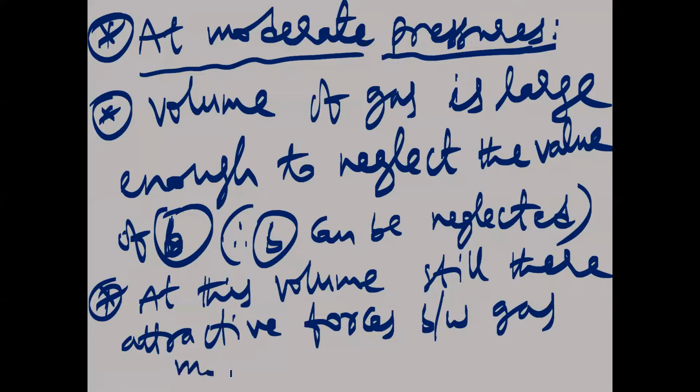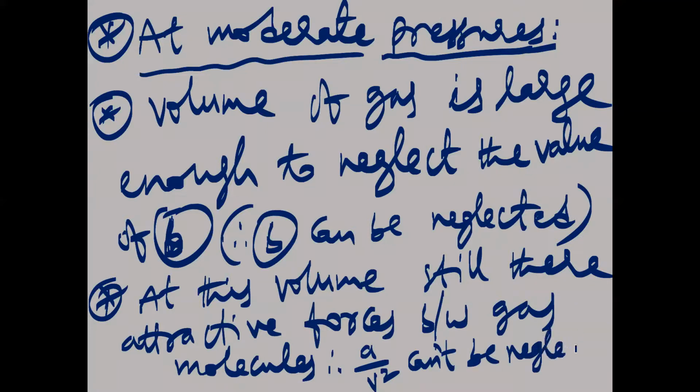Therefore, A by V square cannot be neglected. Is the concept clear now? A by V square cannot be neglected.